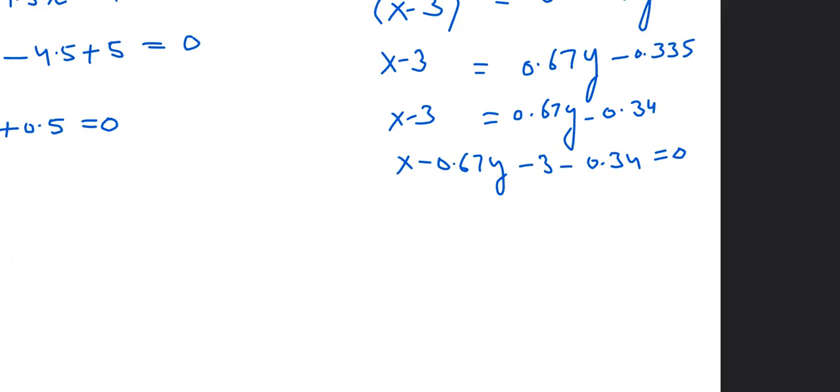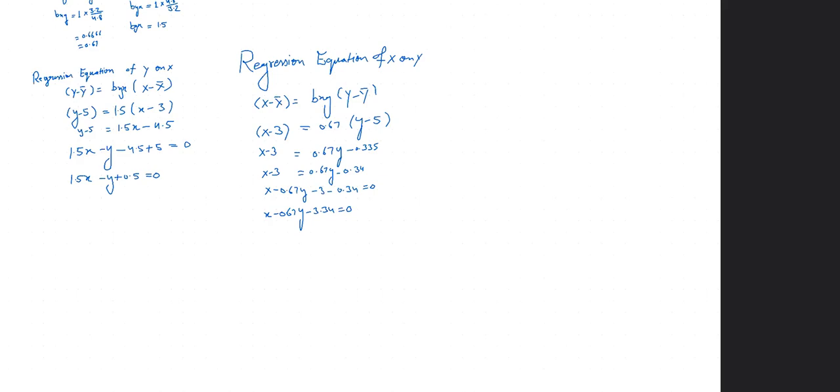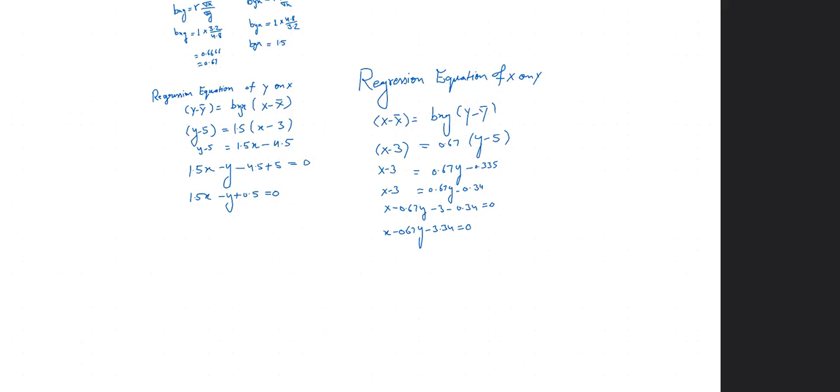Taking all values on the left side: x minus 0.67y minus 3 plus 3.34 is equal to 0, so x minus 0.67y plus 0.34 is equal to 0. These are the required equations.